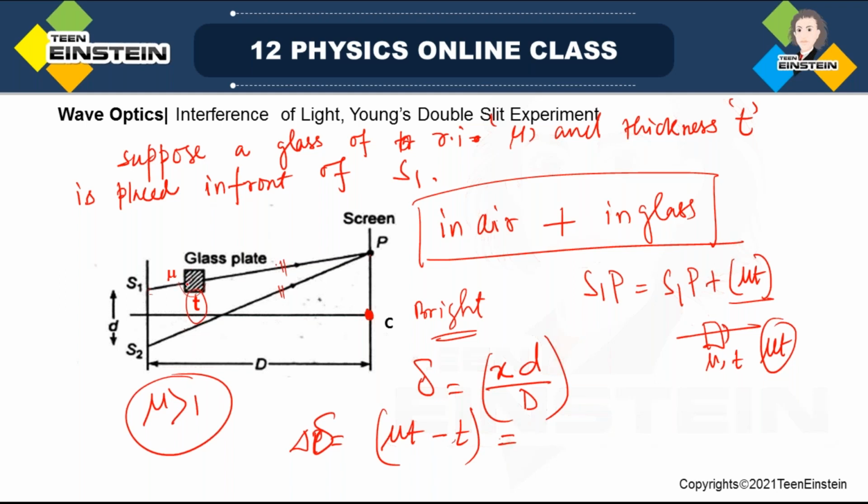If you want to find the path difference while passing through this glass, then the path inside the glass is mu into t, this much distance.